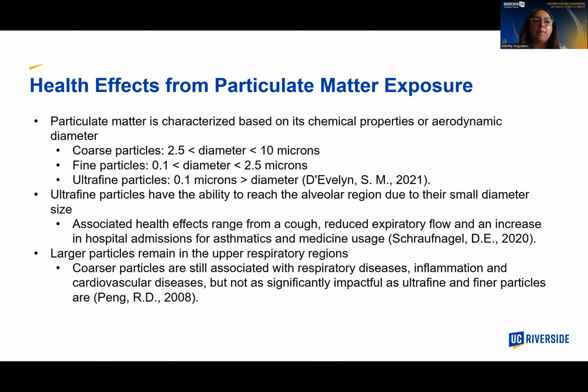Coarse particles have a diameter range of 2.5 to 10 microns. For fine particles, which is where my study falls, the range is between 0.1 and 2.5 microns. And ultrafine particles are anything less than 0.1 microns. They can generally be referred to as PM10, PM2.5, and ultrafine particles.